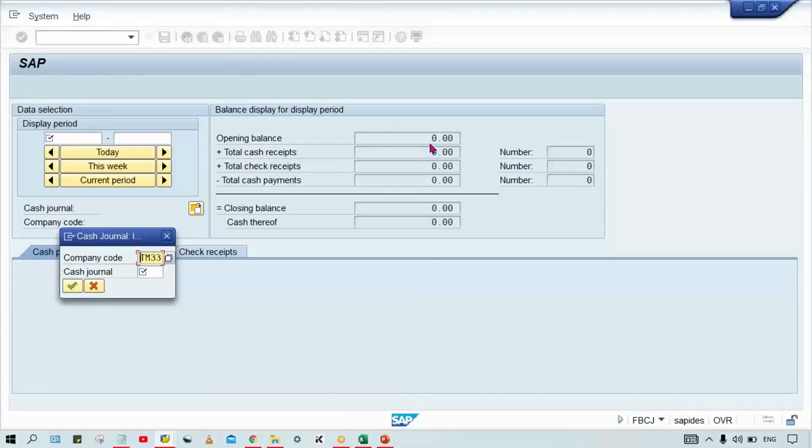Cash journal related transactions are posted here, and the GL will be determined by the system automatically. How it is determined, I'll show you practically. So this is what post automatically is used for.